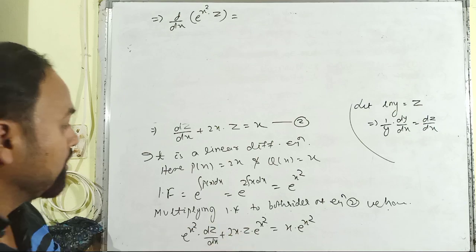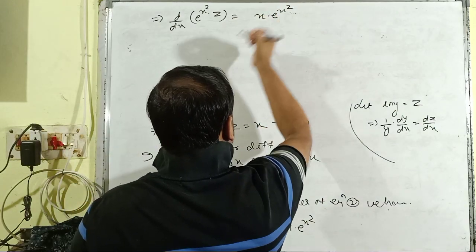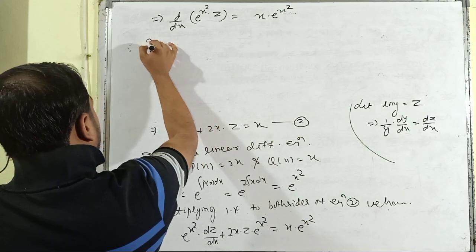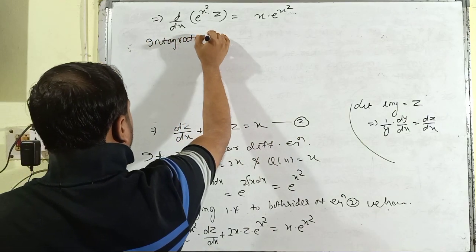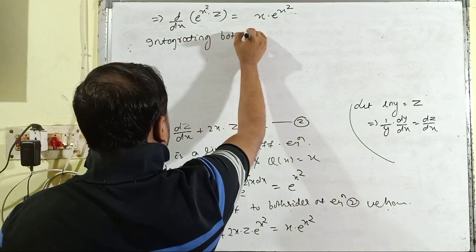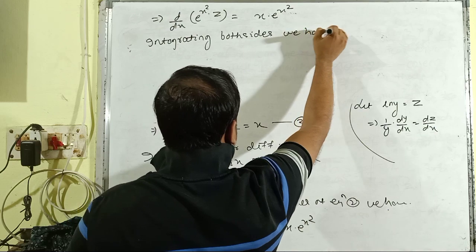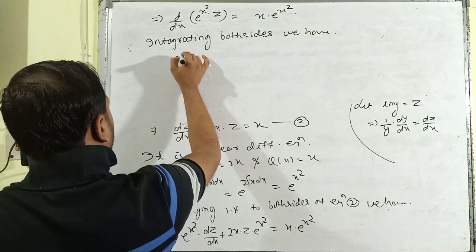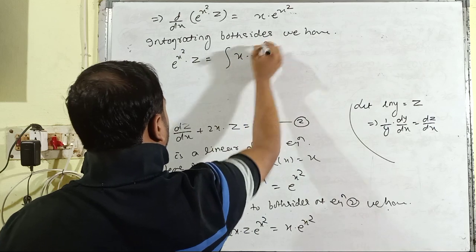Then it is x multiplied with e to the power x square. Integrating both sides, we have e to the power x square z equal to the integral of x multiplied with e to the power x square.